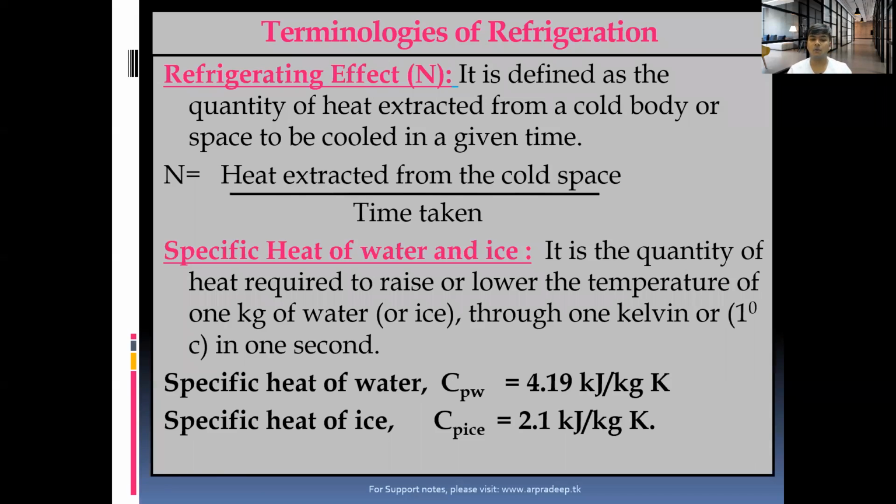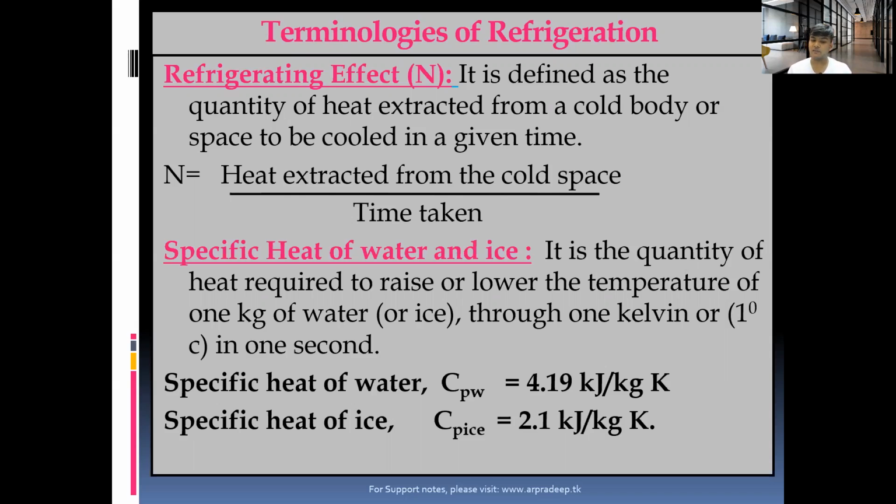Then let's speak about the specific heat of water and ice. As we are considering the benchmark, we consider the specific heat of water and ice. The specific heat of water is defined as the quantity of heat required to raise the temperature of 1 kg of water by 1 Kelvin.